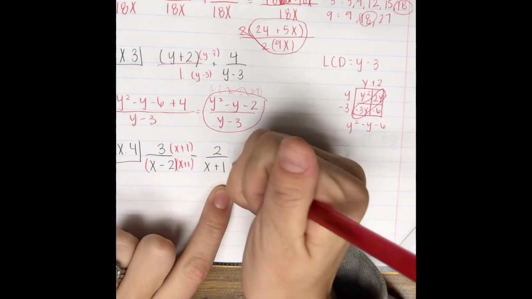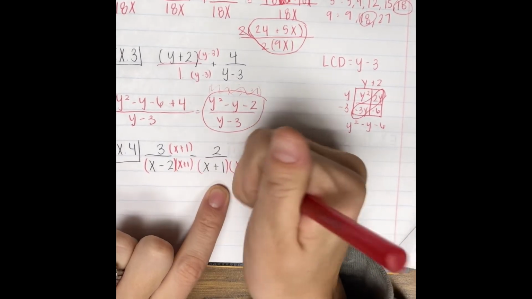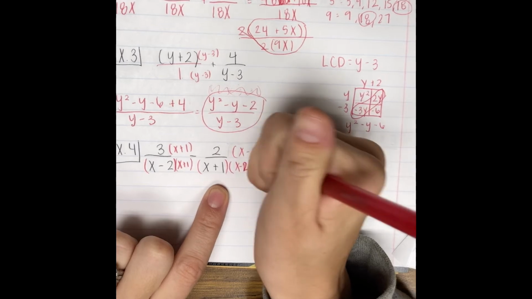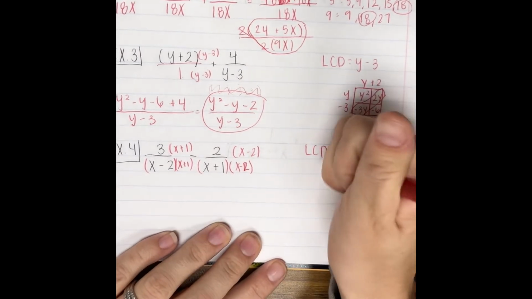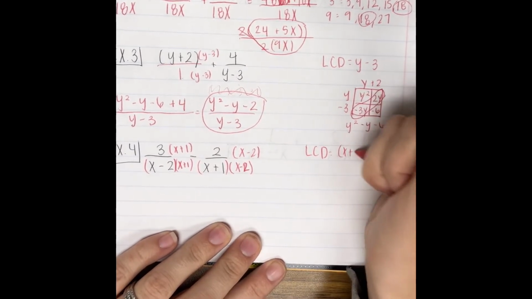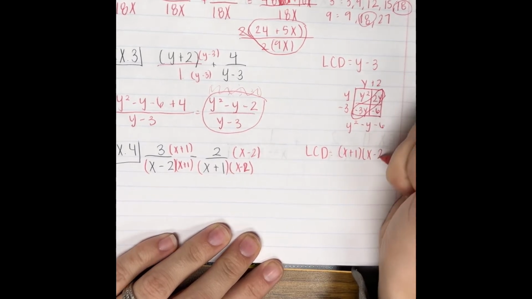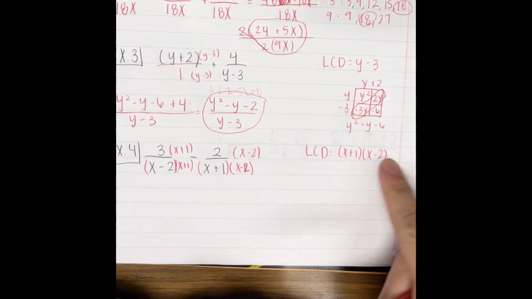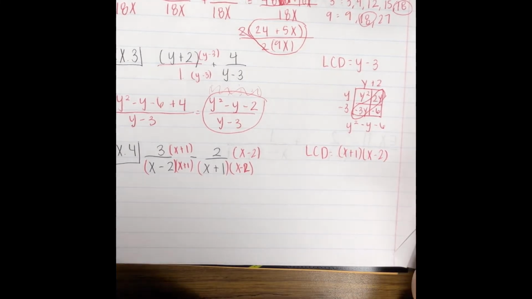Then I'm going to multiply this side by x minus 2 and then x minus 2. Okay, that means our LCD is going to be x plus 1 times x minus 2. The order that you put these in doesn't matter. I could have put x minus 2 first and x plus 1. That part doesn't matter, okay?